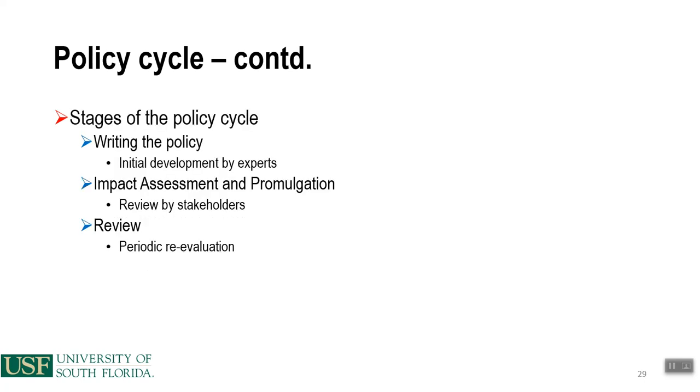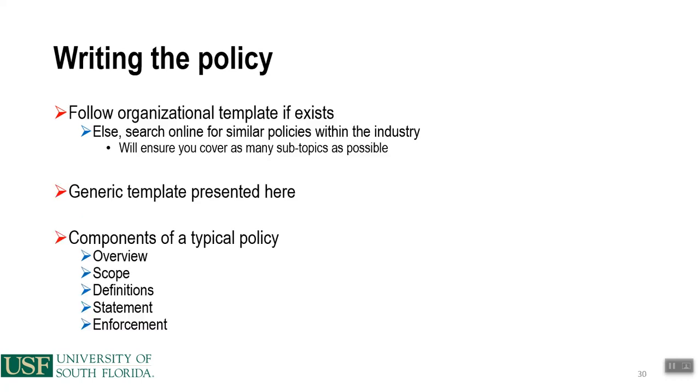So the stages of the policy cycle are writing the policy, impact assessment and promulgation, and reviewing. In writing the policy, we have the initial development by the experts, impact assessment and promulgation is reviewed by the stakeholders, and the review is a periodic reevaluation. With writing the policy, follow an organization template if it exists.